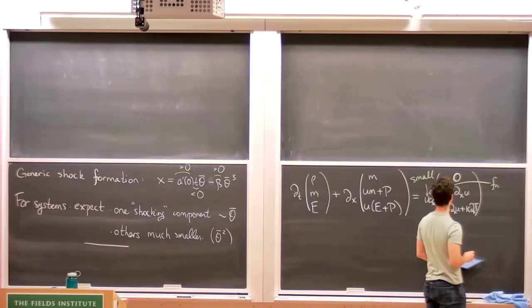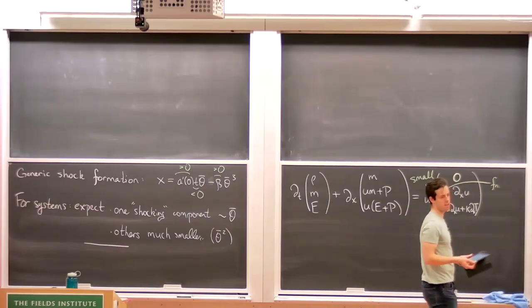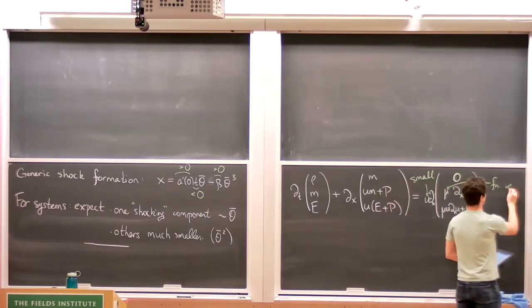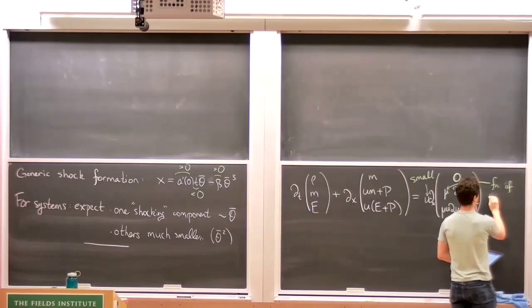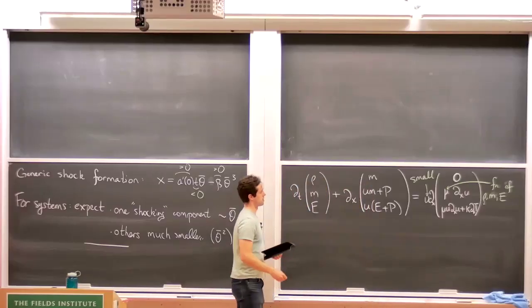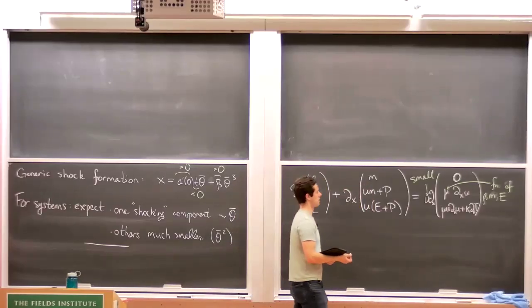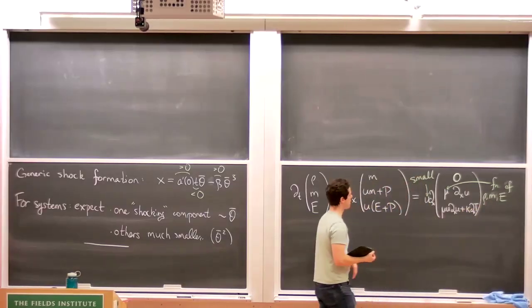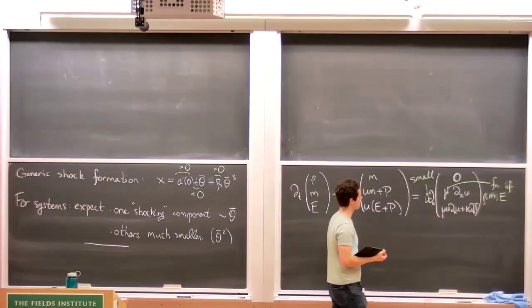So more generally, you'll find that it's, again, some function of the state variables. Really, it's a function of the temperature of the gas. But the temperature itself is some implicit expression of these variables that, again, comes from some equation of state.